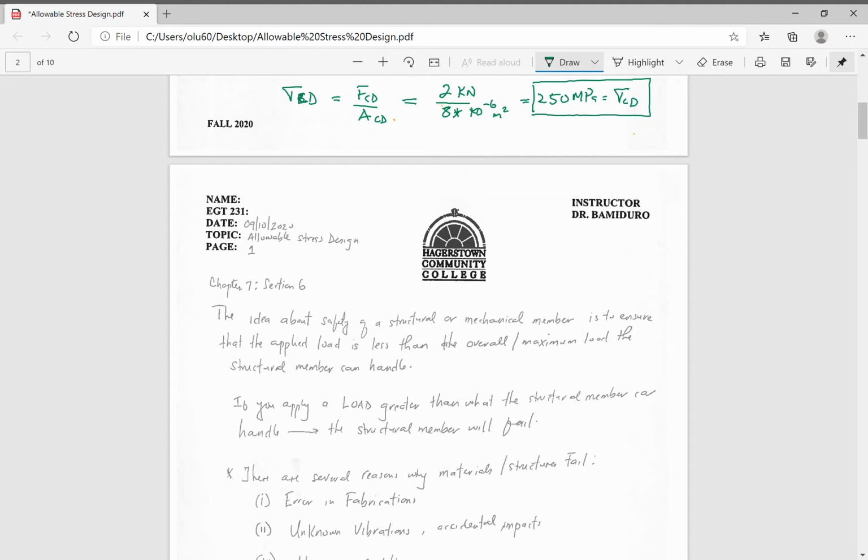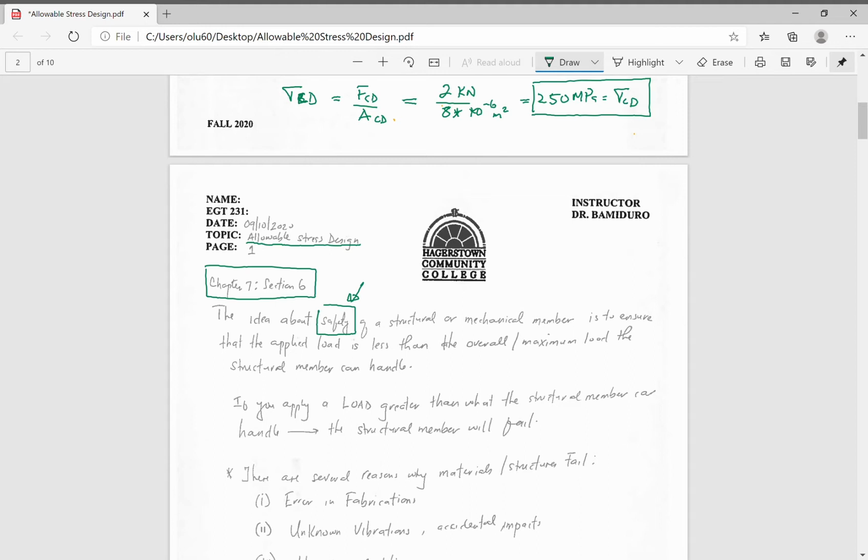Here we're going to be talking about a slightly different topic, and it's going to be allowable stress design. When you go into section 6 of chapter 7, it typically talks about safety. The idea of this chapter is how to design a structural or mechanical member whereby you can ensure safety.